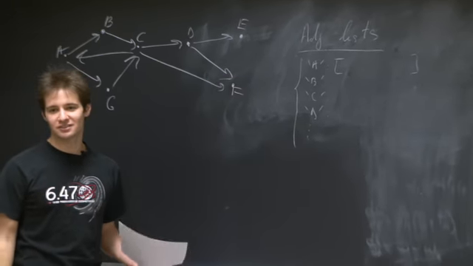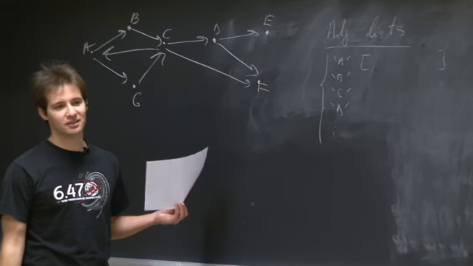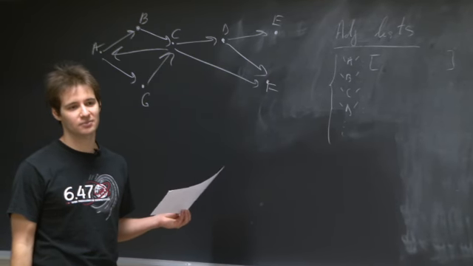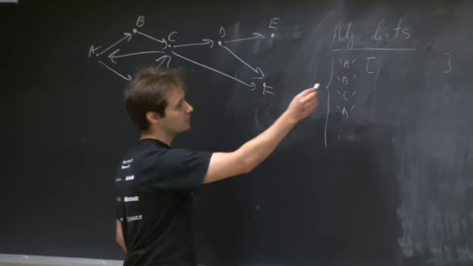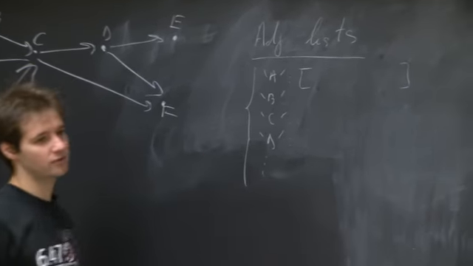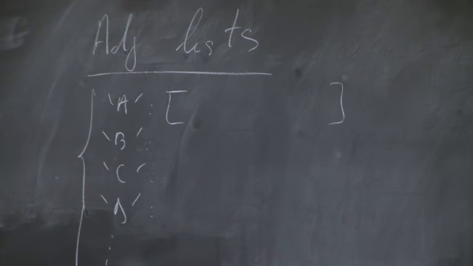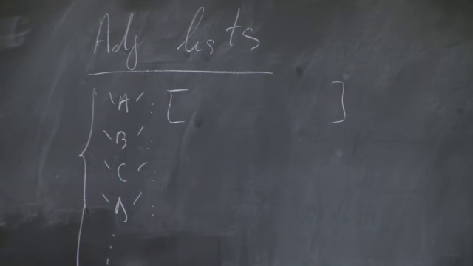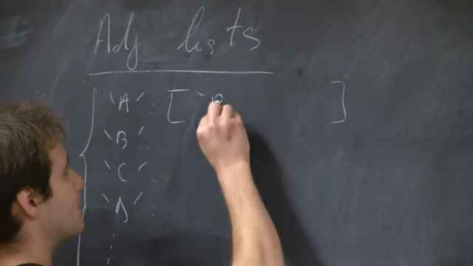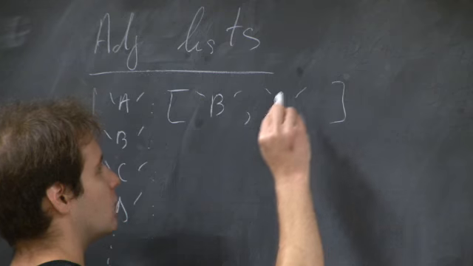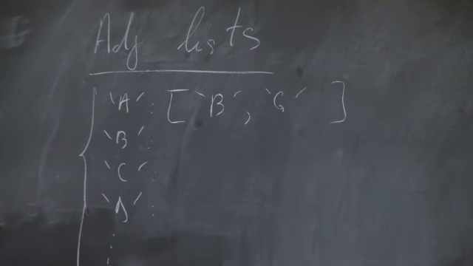So there are two representations, the object-oriented one that has edges and the simplified one that has vertices. So suppose I want to go for the simple one. What vertices do I have in A's list? B and G. Sounds good. What vertices do I have in B's list?